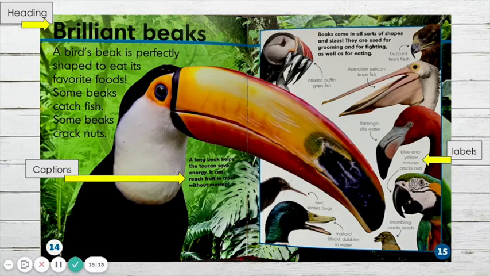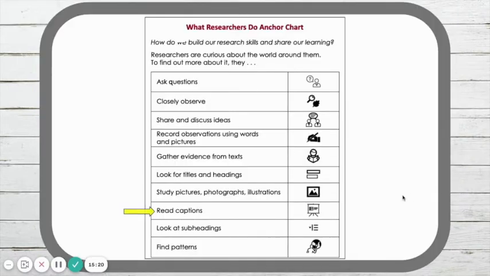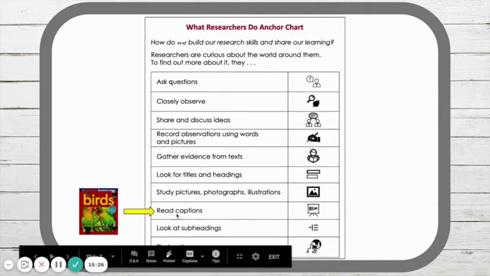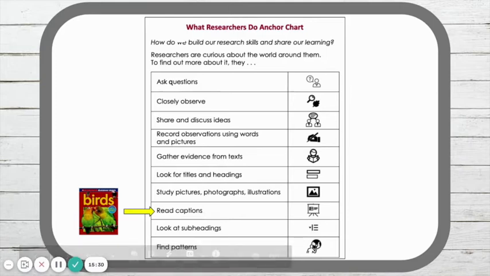It's kind of like they're carrying a fork with them everywhere, right? That's right. Okay, researchers, we have used our headings today, we've used our labels today, and we used captions today to help us learn more about those physical characteristics of birds, specifically their beaks, right?